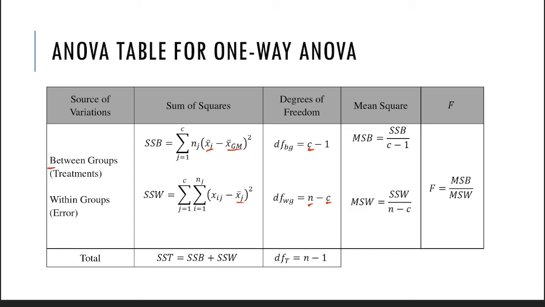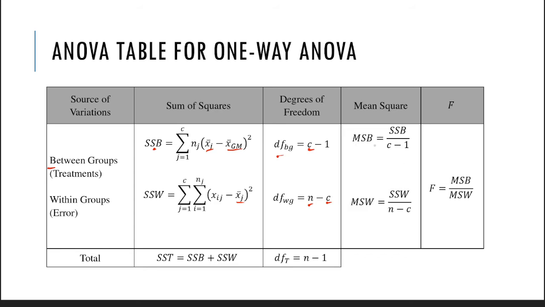Okay? So ganun lang din, using this sum of squares and degrees of freedom, we can actually compute for the mean square. So for the mean square, ang kailangan na natin diyan gawin, yung ating SSB, we just need to divide that by the degrees of freedom between groups para makuha yung MSB or the mean square between groups.